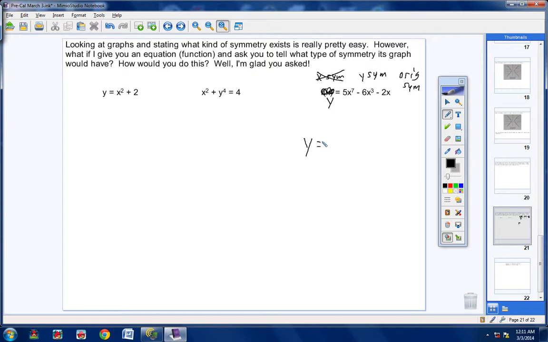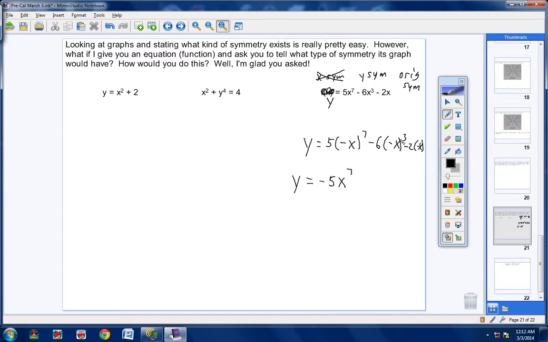Okay, so here we go. y equals 5, and then negative x to the 7th power minus 6, and then negative x to the 3rd power, and then minus 2 parentheses negative x. Now first of all, negative x to the 7th power, negative x times negative x times negative x over and over will give you a negative x to the 7th times 5. So you would have negative 5x to the 7th.